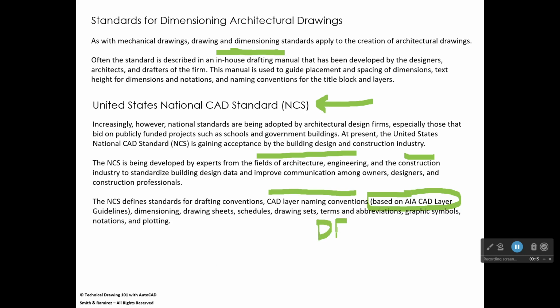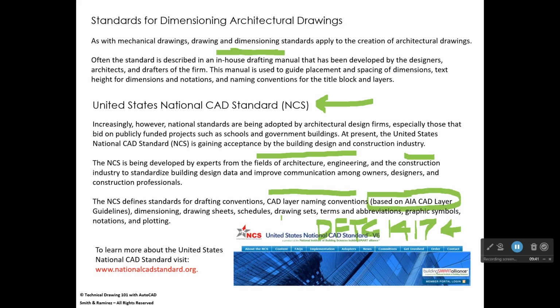It's DFTG 1417, architectural drafting for residential architecture. This is where we talk about standardized names for your layers and get into that. You can take this course next semester if you finish 1405, which would be another good reason to finish those assignments in Chapter 5 so you can get on and focus on this architectural stuff.